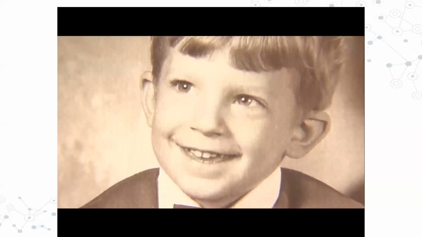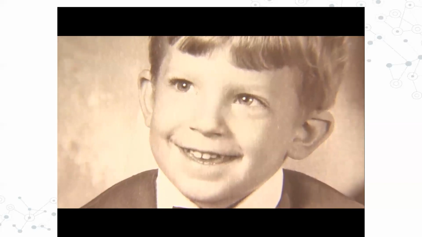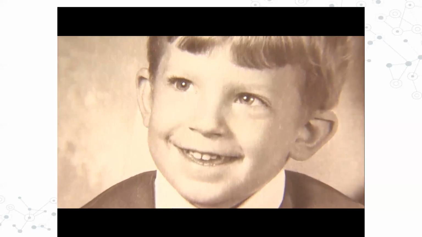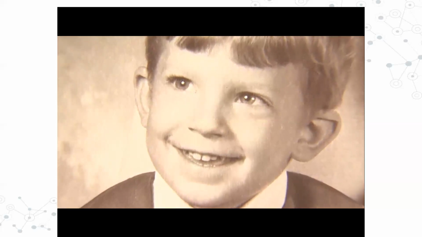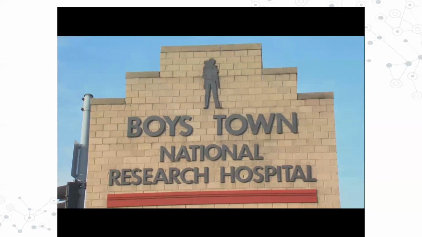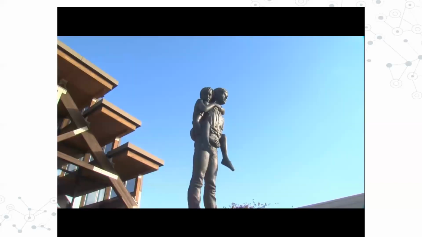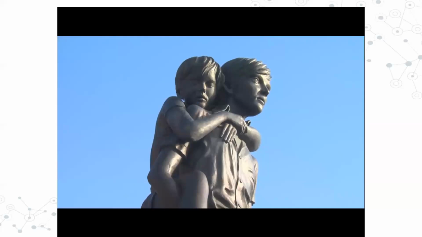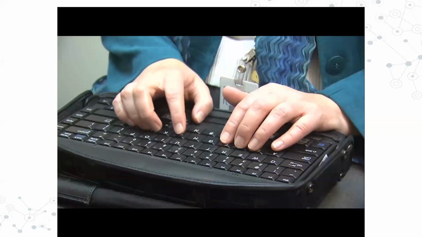Soon thereafter, another shock. There is a genetic component to the disease, and Crystal's brother was also found to have Stargardt. Today, Crystal works at the Boys Town National Research Hospital in Omaha as a genetic counselor and vision program coordinator. The fact that Crystal was legally blind was not a consideration at all when we hired her.